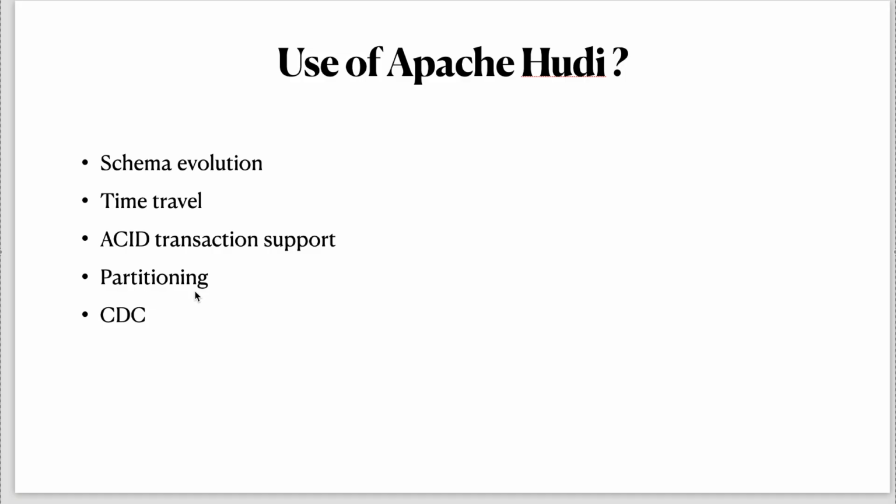CDC is a very unique feature which is not available in Iceberg and Delta Lake. CDC is change data capture. With the help of that, we can capture the incremental changes.